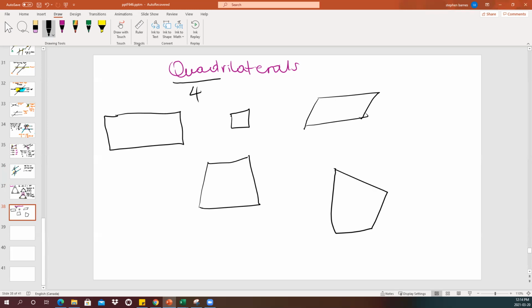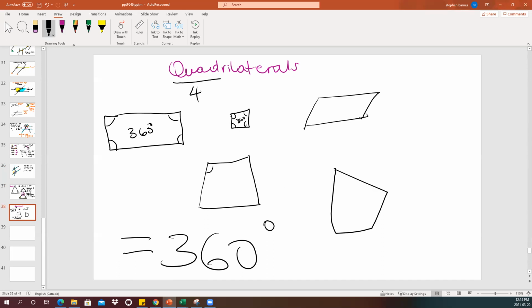All angles in a quadrilateral are equal to 360 degrees. So whether it is a square or a rectangle, when you add up all 4, it is 360 degrees. When you add up the 4 in this one, no matter how it's shaped, 360. Add up this, even though this one looks a little badly shaped, still 360.